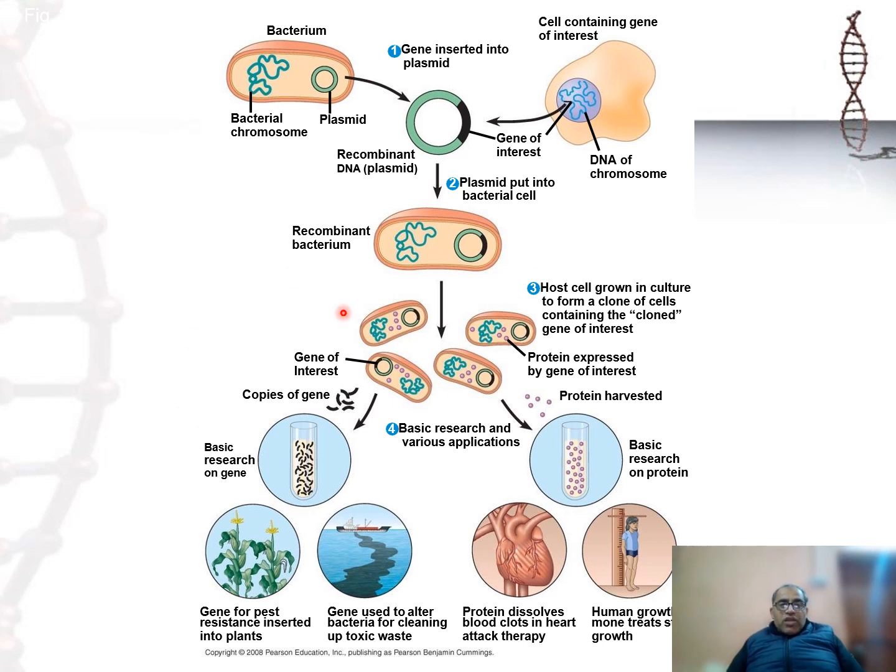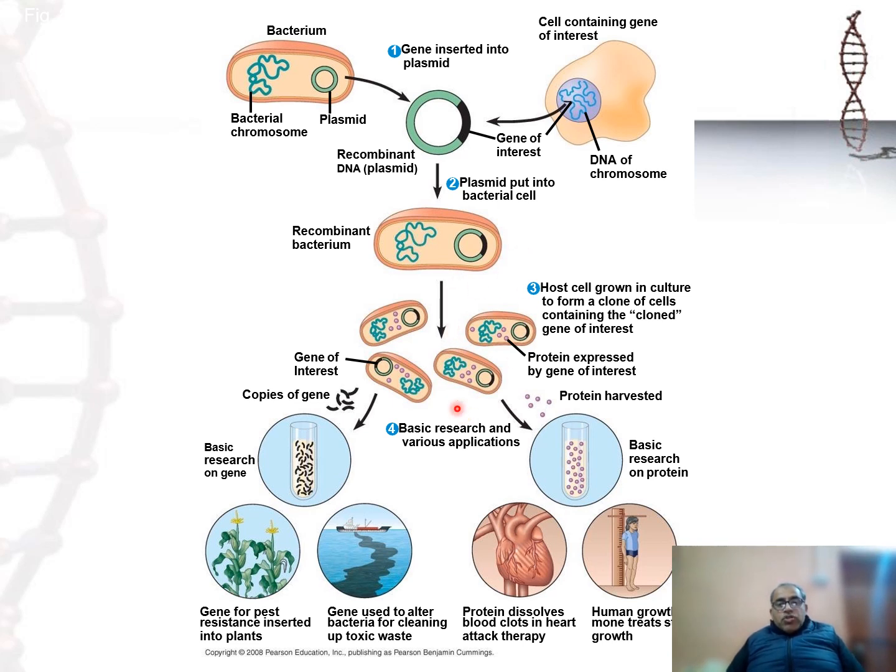So we identify a particular gene, isolate that gene, insert that gene into a bacterial plasmid, and then transform that plasmid into a bacterial host, and that plasmid will replicate independently of the bacterial genome.